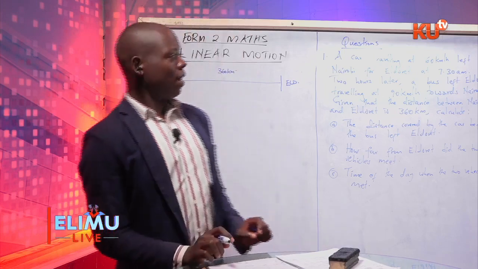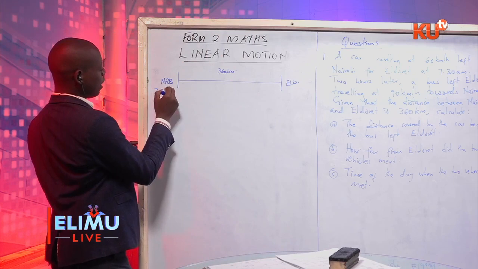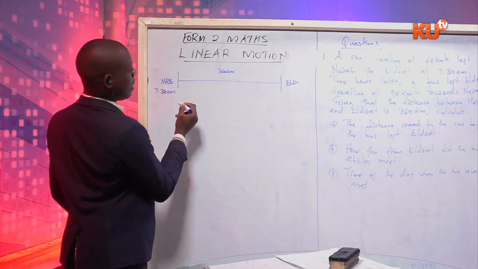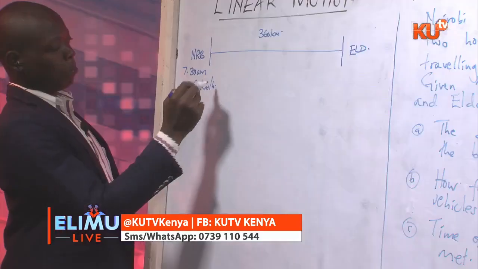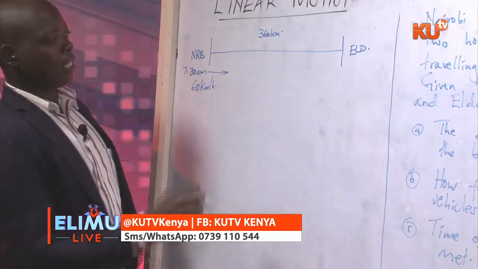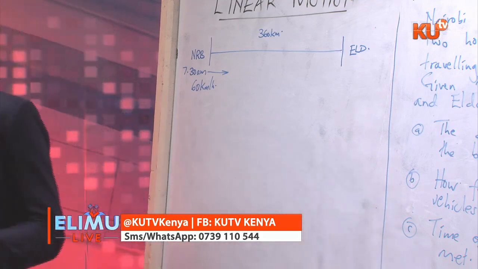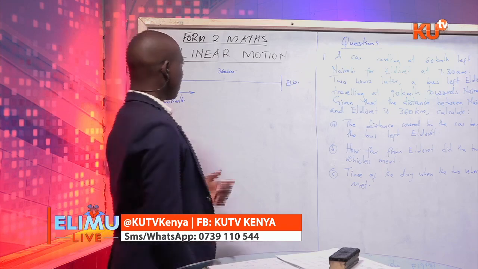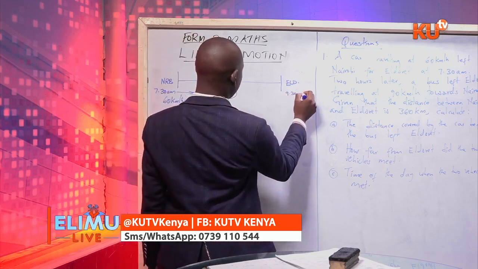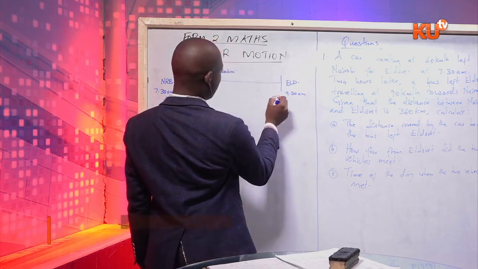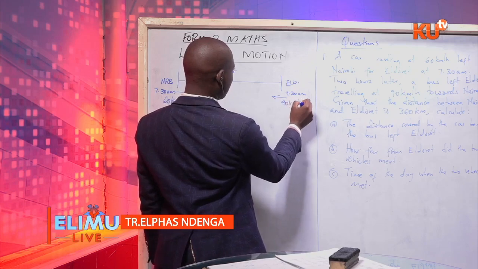Students, the car is leaving Nairobi at 7:30 a.m., so we indicate 7:30 a.m., and is traveling at 60 kilometers per hour. The direction is towards Eldoret. And two hours later, so it means at 9:30, that is when the bus leaves Eldoret, 9:30 a.m., traveling towards Nairobi, and it's going at a speed of 90 kilometers per hour.